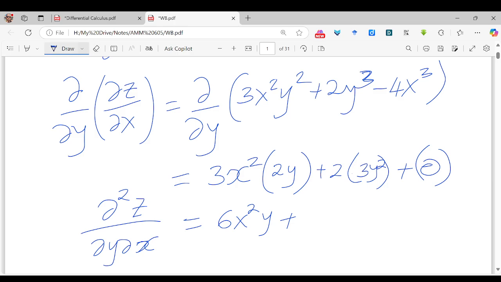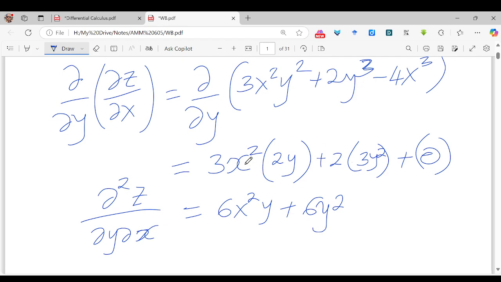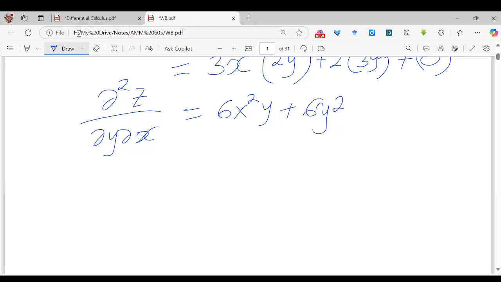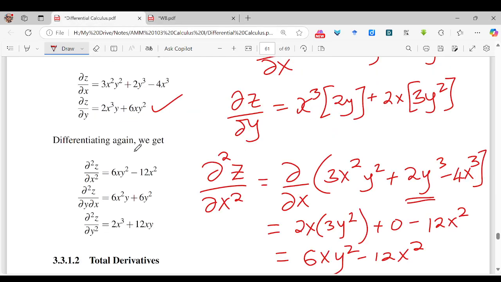The derivative of y cubed is 3y squared. So 3 times 2 is 6y squared, which is this.